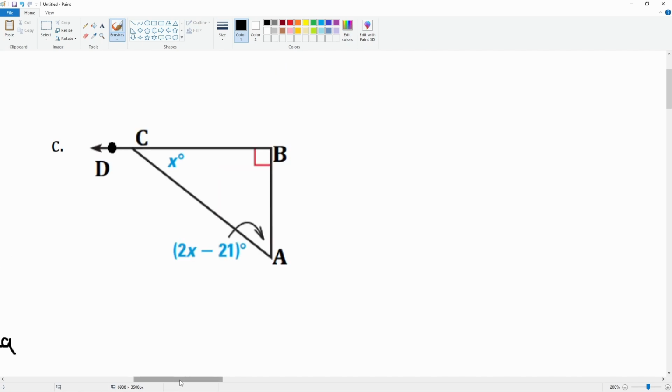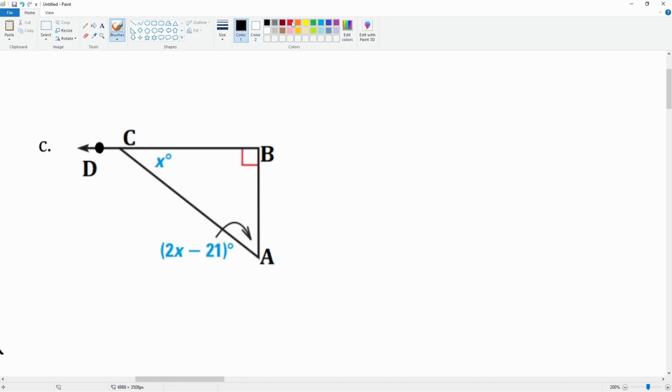Let's do C here. All right, the angle ACD here is what we're trying to find, but we don't really know it. This is very interesting. What do we know? Well, we know that this is 90 degrees, and we know that this is an entire triangle.